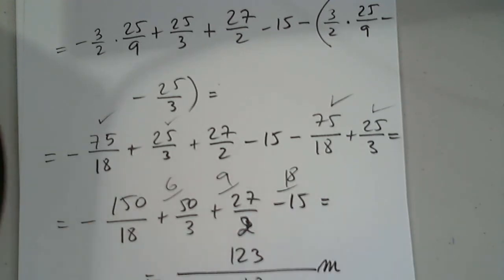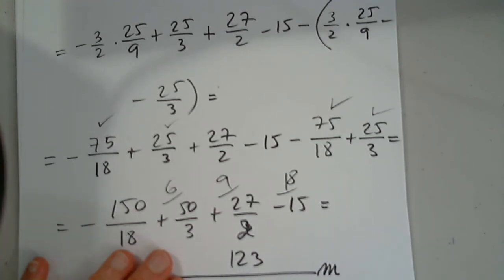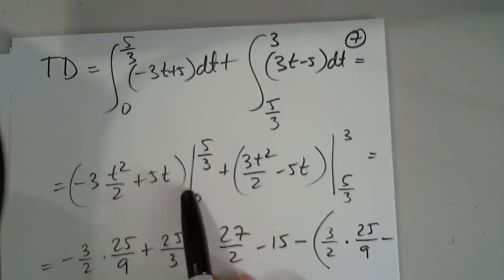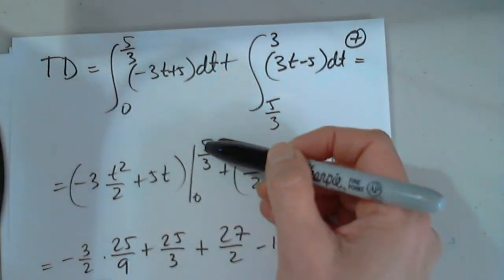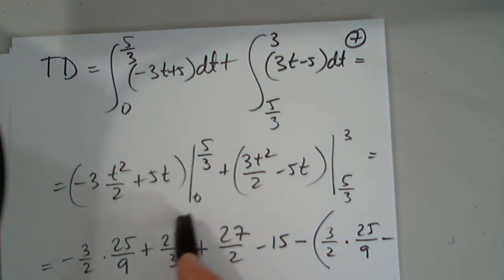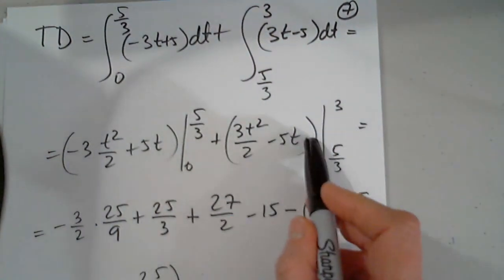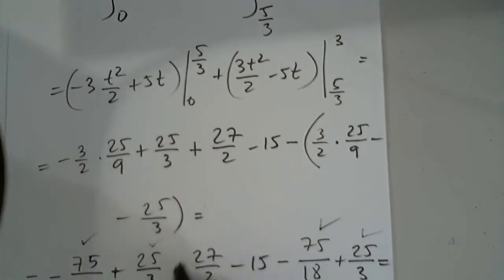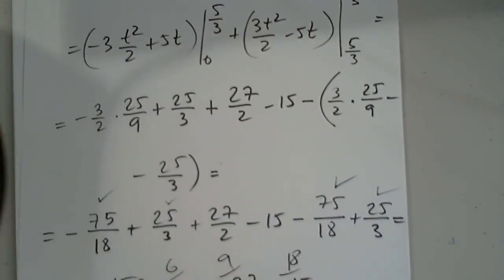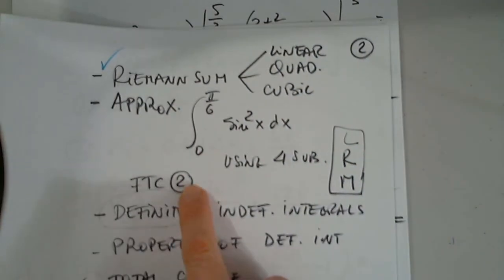This is part 2 when you determine the antiderivative and then you plug in 5/3 and you subtract when you plug in 0. And then you plug in 3 and then you subtract when you plug in 5/3. That's part 2.